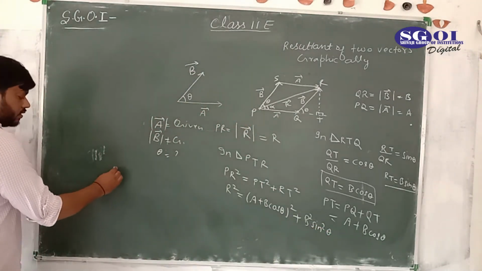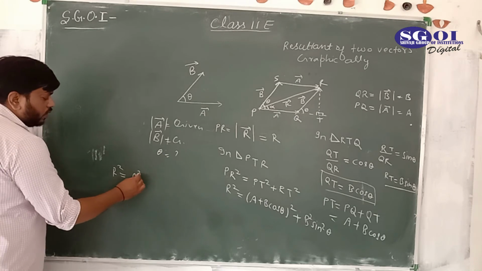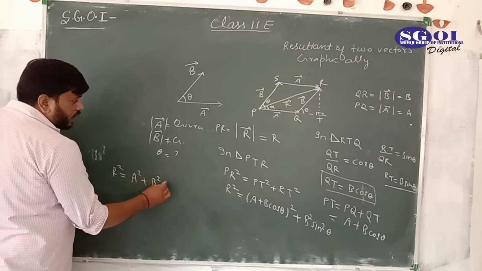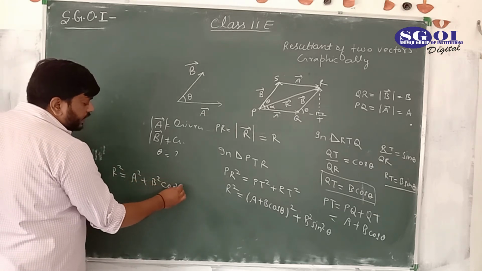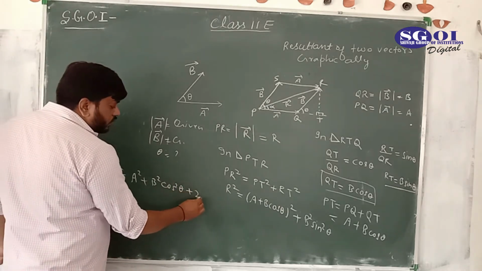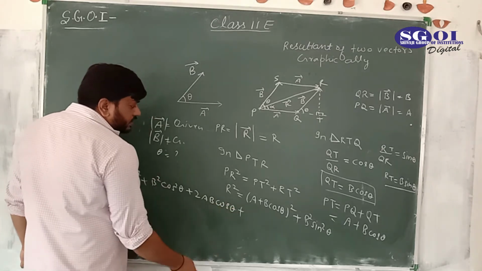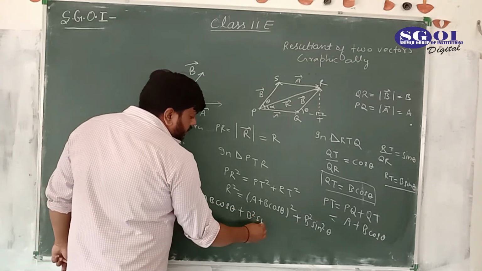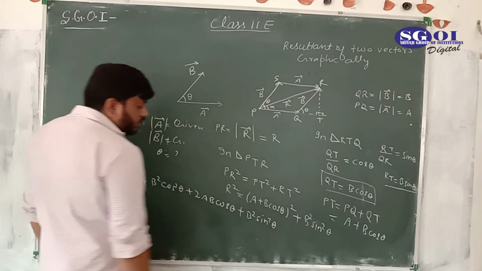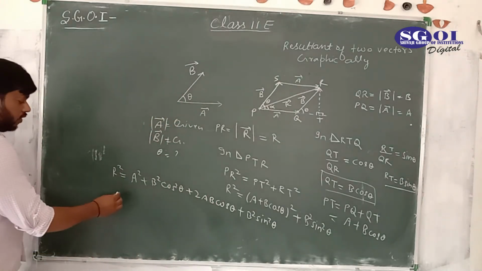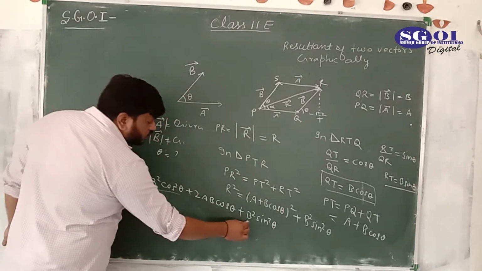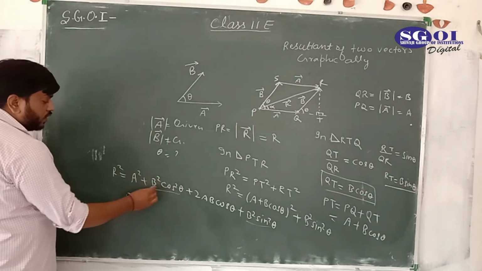Now solve this. R square equals A square plus B square cos square theta plus 2AB cos theta plus B square sin square theta. Now, in B square cos square theta and B square sin square theta, take B square common.